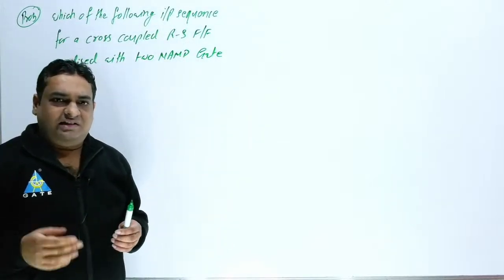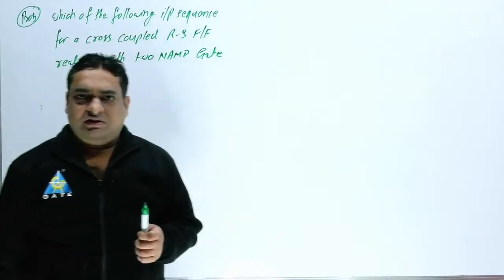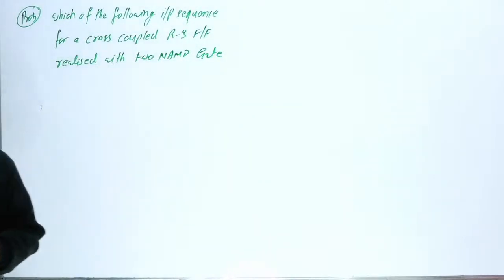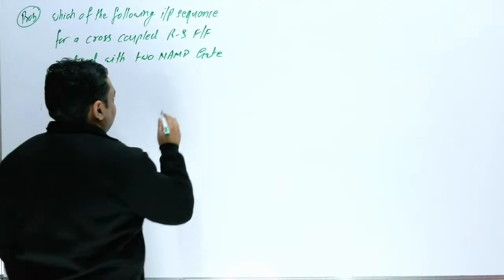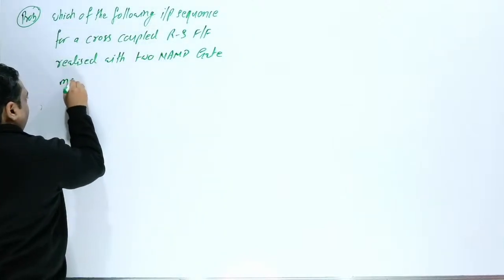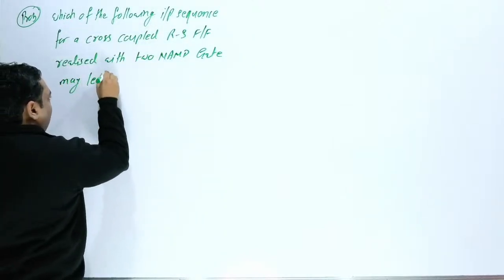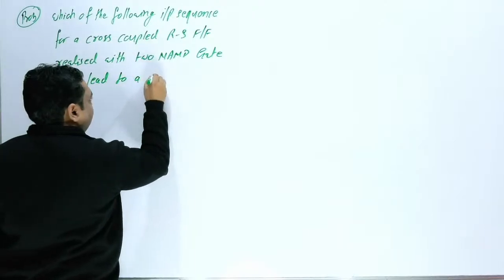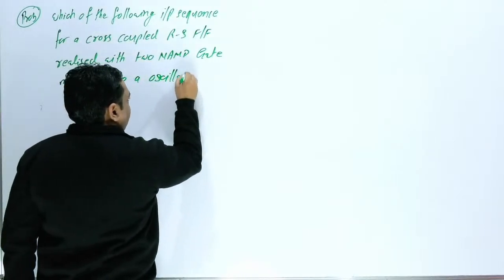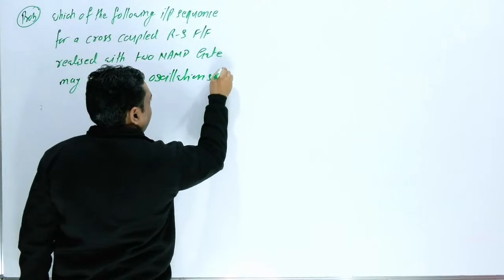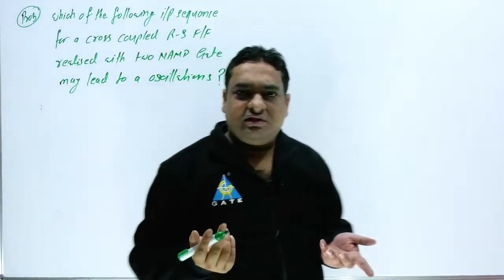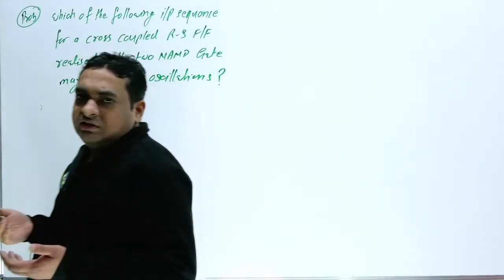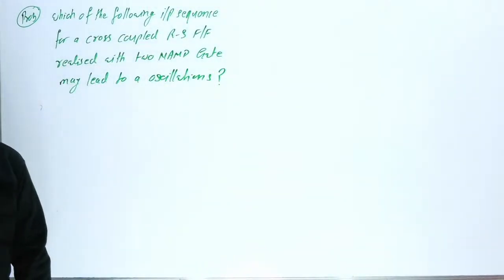We can realize it either by using NOR gates or by using NAND gates, and they have mentioned NAND gates. So what exactly are they asking? Which input sequence may lead to oscillations? You will ask me, sir, how will we get oscillations in an RS flip flop? Here they have provided four options.